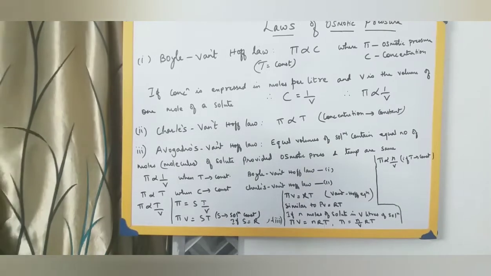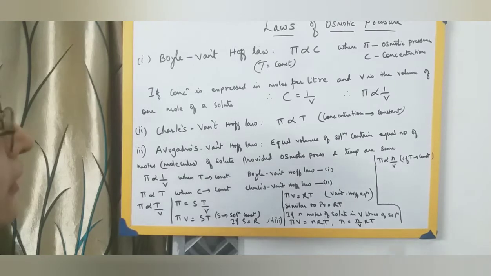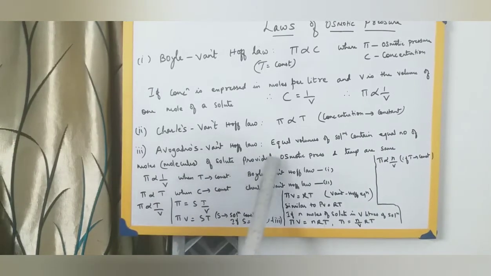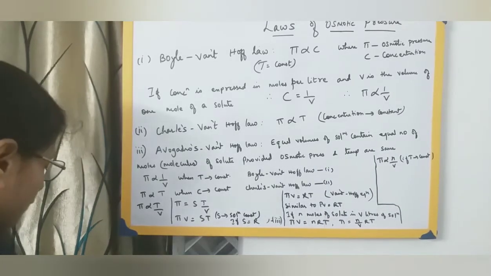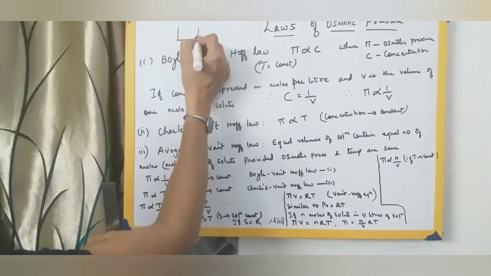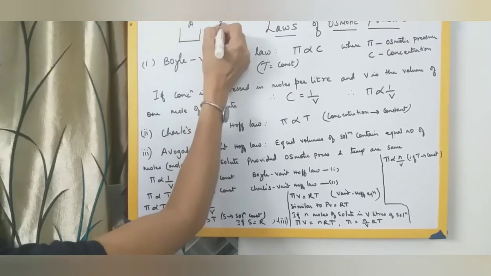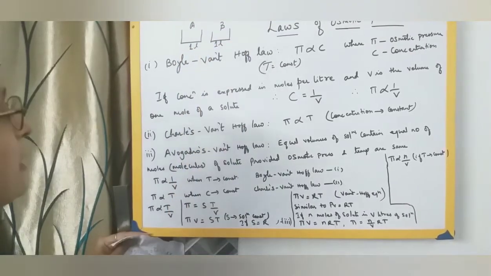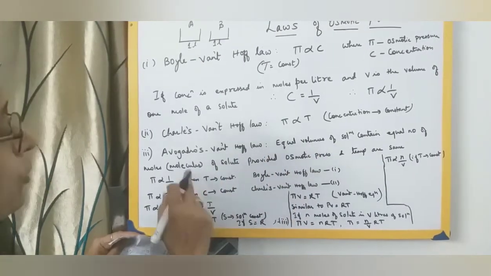Next law we have is the Avogadro's Van 't Hoff law, that is equal volumes of the solution contain an equal number of moles or molecules of the solute, provided osmotic pressure and temperature are the same. So what does it mean? Suppose you have two solutions, solution A and solution B, both of them 1 liter. Equal volumes of solutions contain an equal number of molecules of solute.